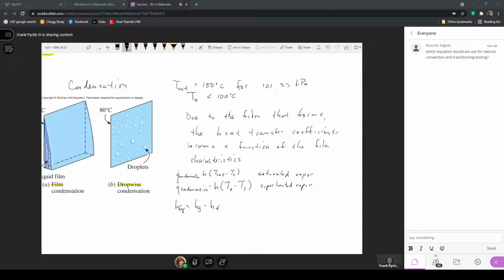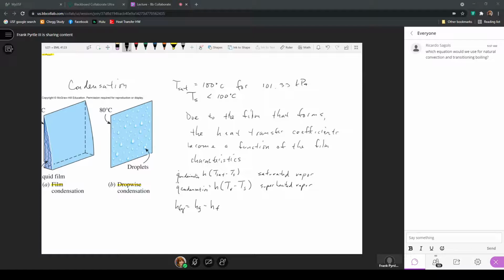So if I want to get superheated vapor to eventually become a liquid, I have to remove the energy that is required to go from a superheated vapor down to a saturated vapor, and then from a saturated vapor down to a saturated liquid. So here is still a heat transfer coefficient, but the temperature of the vapor minus the surface temperature is the temperature difference that would be used when it's a superheated vapor rather than just a saturated vapor that we're trying to remove heat from.